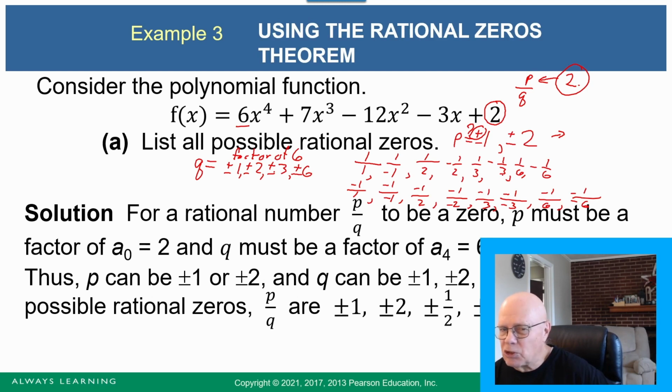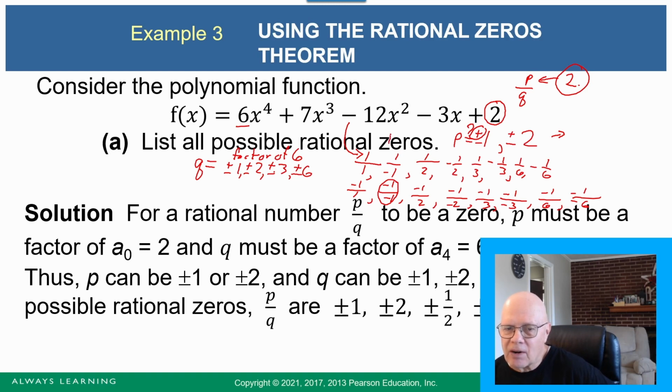Some of these are already duplicates. For example, if you take a look at this first one, 1 over 1, that's equal to 1, of course. But down here, this one that we thought was an extra possible 0 is actually the same thing. And we only need to write it once.